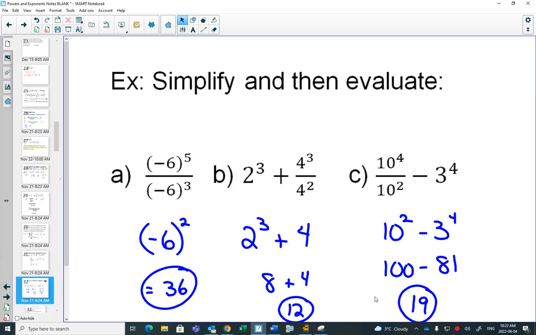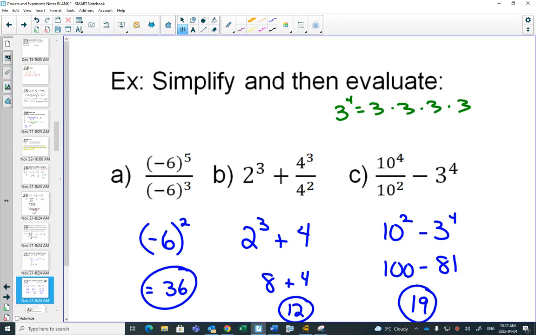Have I showed you the mental math way to easily do 3 to the 4? 3 to the 4 is 3 times 3 times 3 times 3. And most students will do 3 times 3 get 9, times 3 get 27, and then go times 3 and take like 25 to 40 seconds and then get 81.